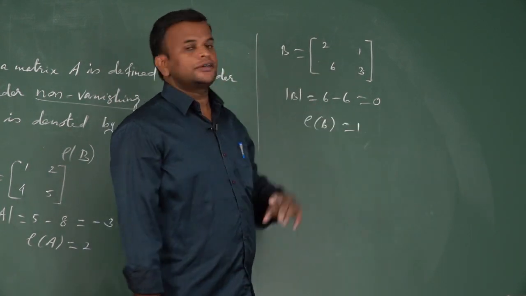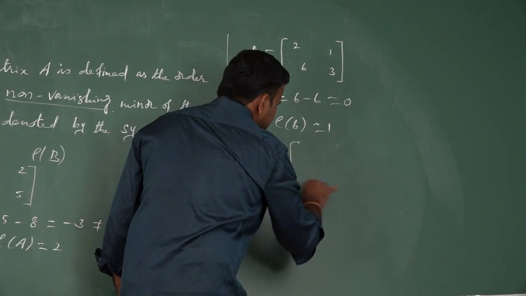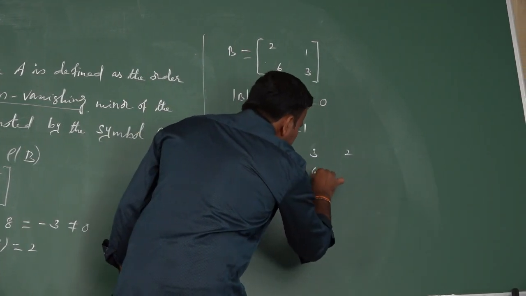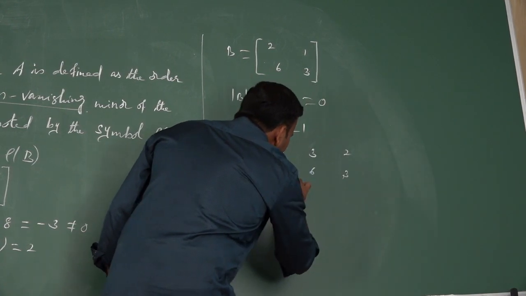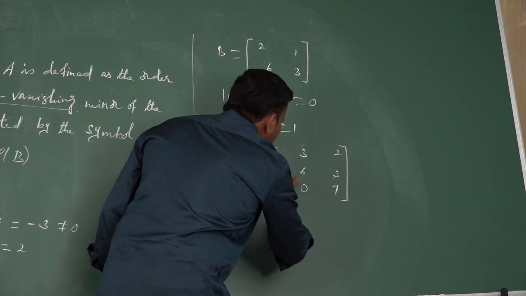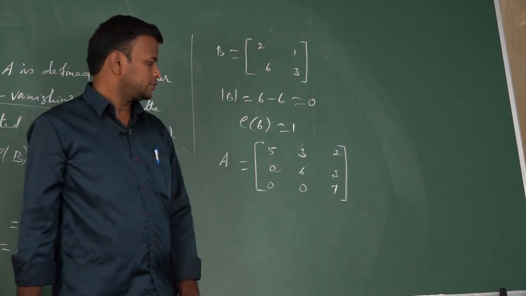So this is called a minor. I will give one more example. Suppose the matrix A is 5, 3, 2, 5, 6, 3, 0, 0, 7. What is its rank?